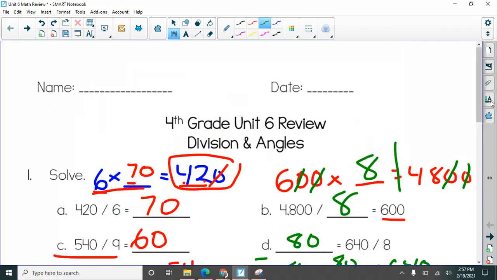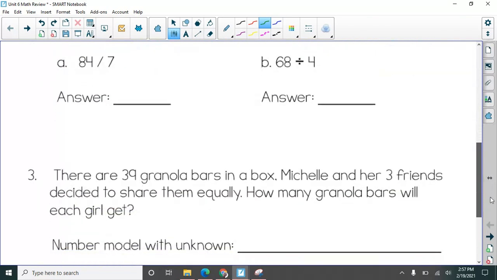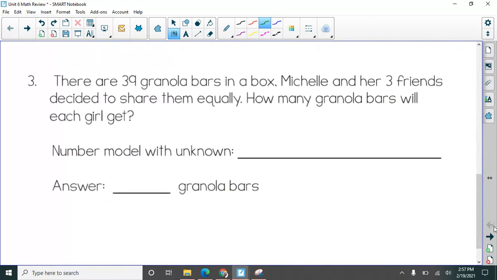Okay, so that's with those 2 digits. Here we have one where we have to think about the remainder. Okay, there are 39 granola bars in a box. Michelle and her 3 friends decided to share them equally. How many granola bars will each girl get? What's something that you notice in that problem?